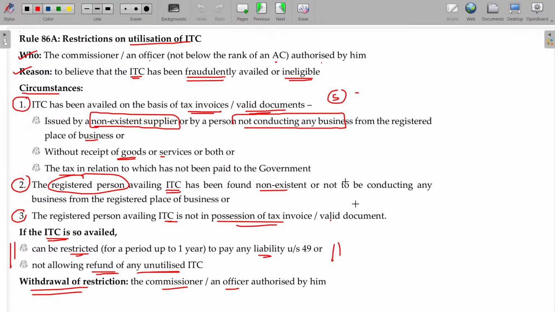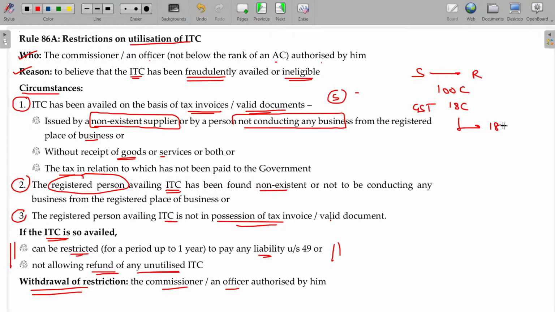Okay, supplier and recipient. He issues a tax invoice for 100 crore rupees of supply, and on that 18 crores is the GST.